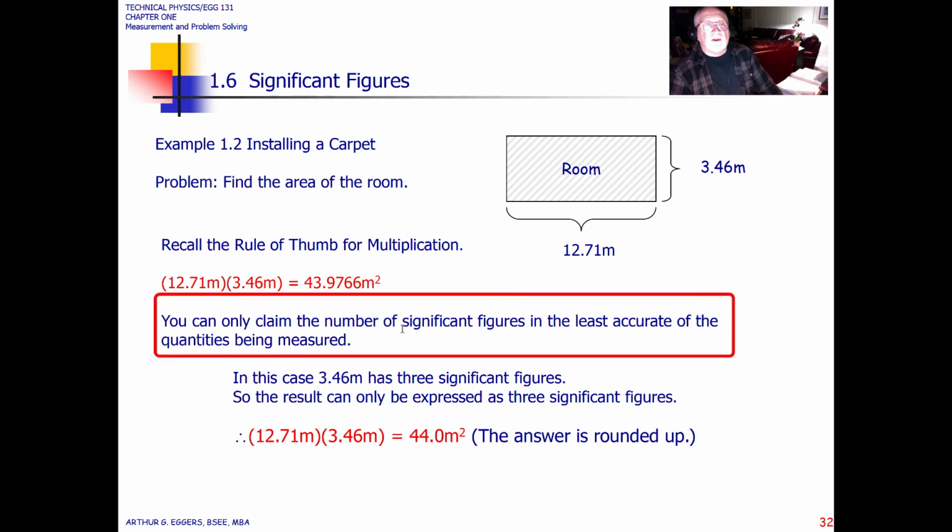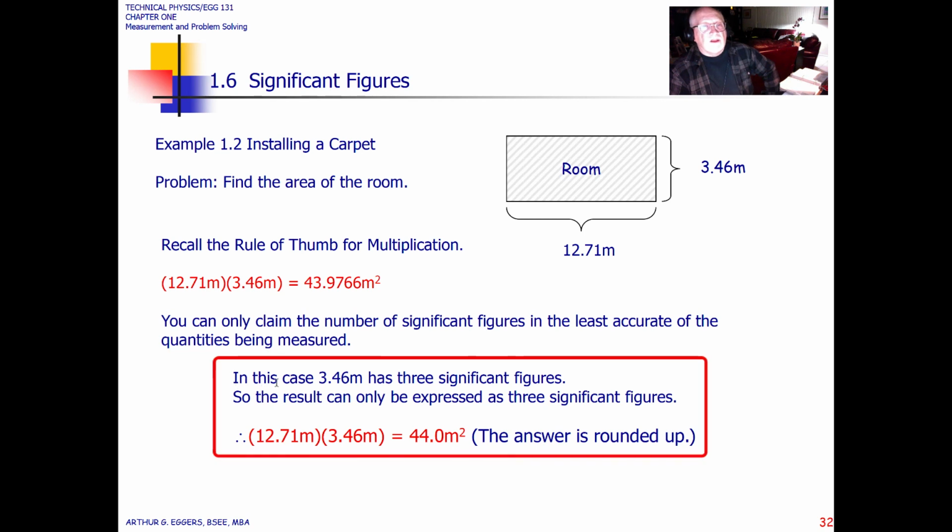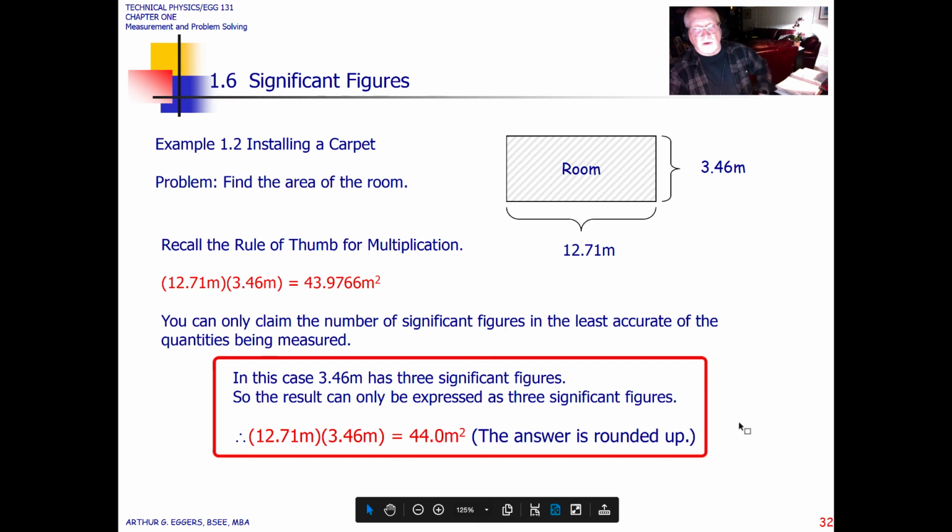You can only claim the number of significant figures in the least accurate of the quantities being measured, or in this case, terms in your product. So we have 4 significant figures, 3 significant figures. We have to use 3 significant figures. So the answer has to be reduced down to 3 significant figures, and we do some rounding. So in this case, since 3.46 meters has 3 significant figures, the result can only be expressed as 3 significant figures. So our answer then becomes rounded up to 44.0 meters squared.